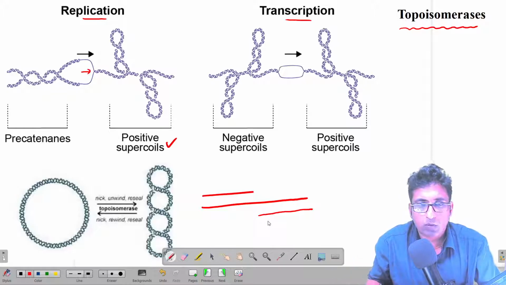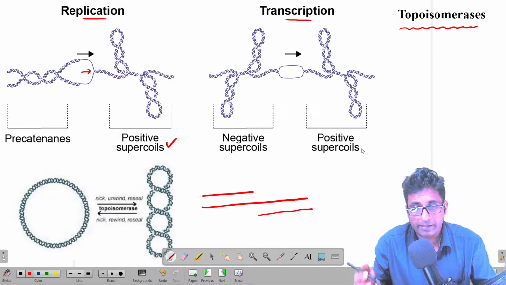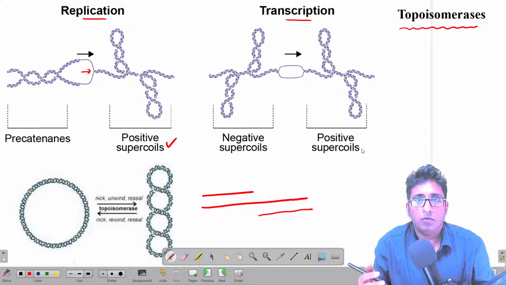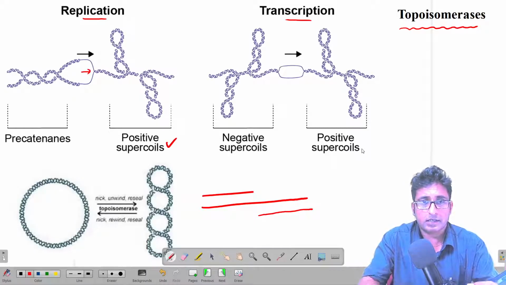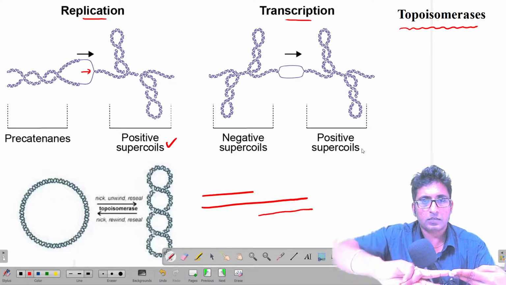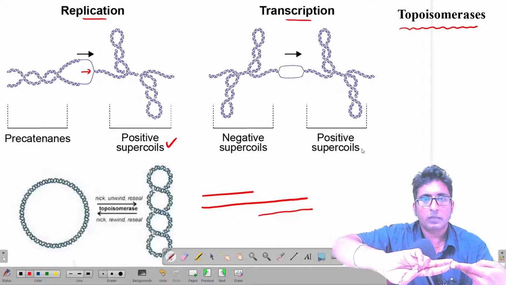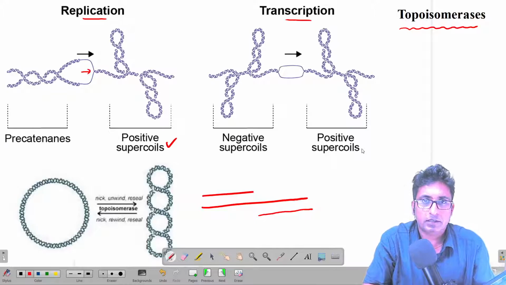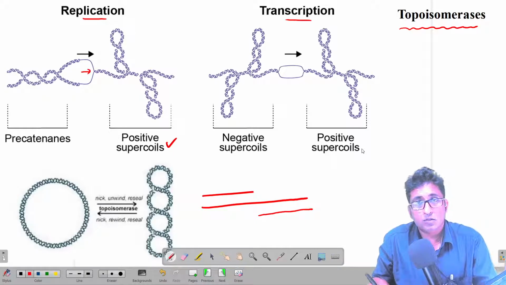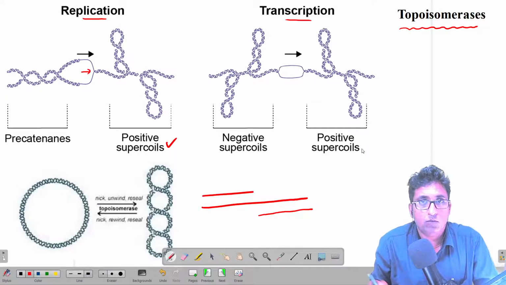Whereas with topoisomerase 1, supercoiling itself is a form of potential energy, and all we need is to make a cut, a nick, and then this would be rotated and allowed to bind here, thereby relaxing the supercoiling. If we inhibit topoisomerases, the cell would have a lot of trouble making replication or transcription happen.